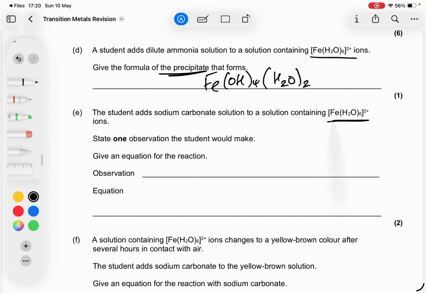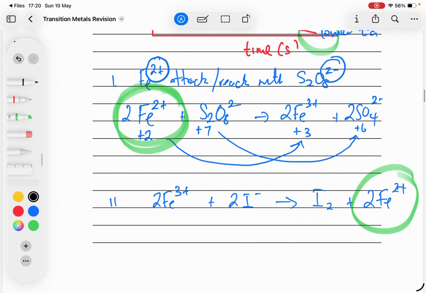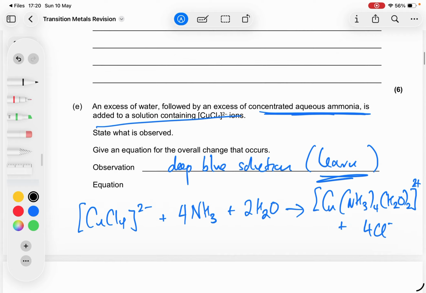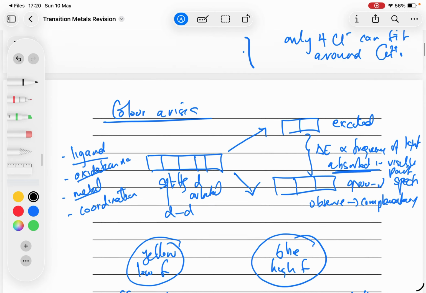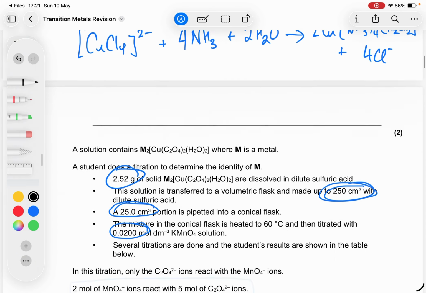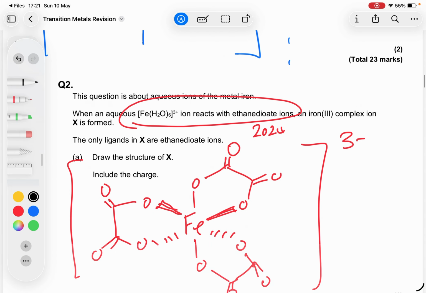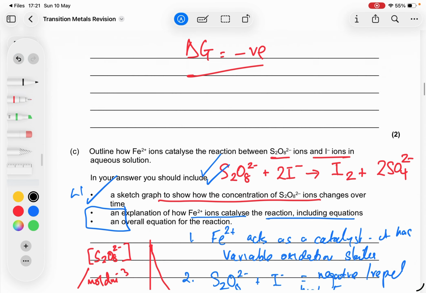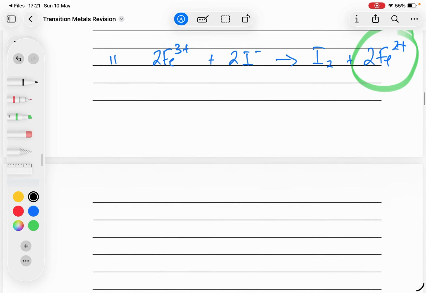So let's look at the repetition. Student adds Fe2 plus to carbonate, and I've already actually answered this question for you further up here when we were looking at copper, and I did say to you it comes up a lot. Just replace copper with iron. So you can see this repetition, and again these questions are from the last 3 or 4 years of papers.